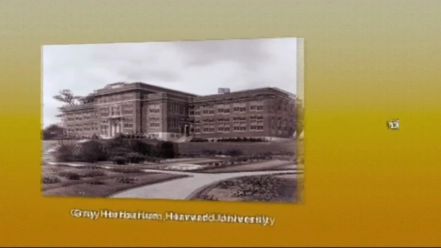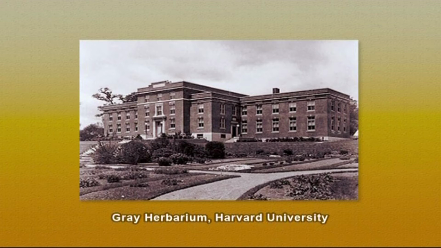After Index Kewensis, the most famous index is Gray Index. The Gray Index was compiled at the Gray Herbarium, Harvard University, and it lists all new names and new combinations of names of the vascular plants from the New World.